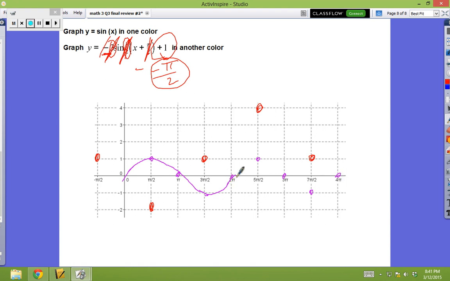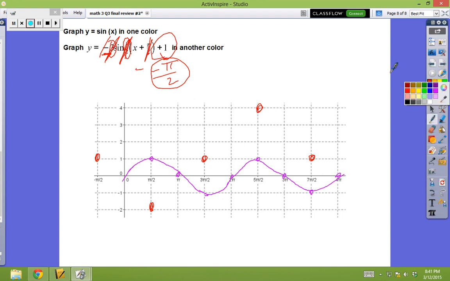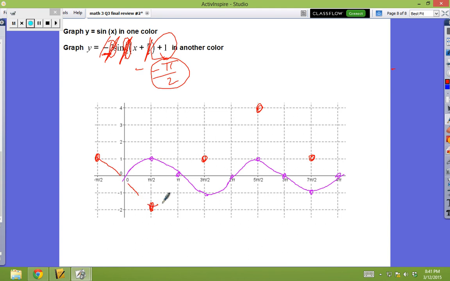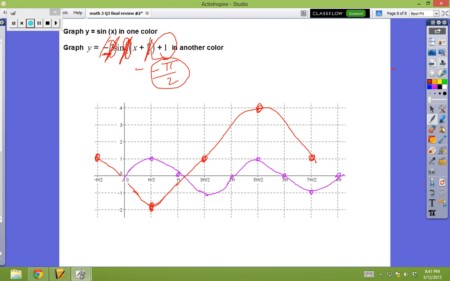So it's just going to keep going up, and down, and up. Okay, now I got to connect all these red dots. So I'm going to start here, go down, up, down, and there we go. Okay, that's it.